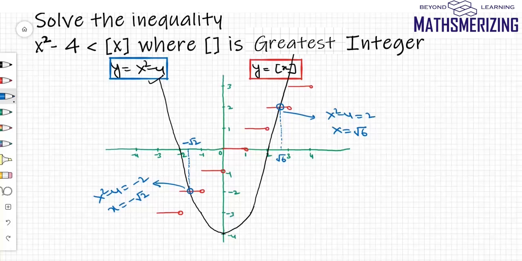Now, in order to solve this inequality, I'll need to find the region where the graph of x square minus 4 lies below the graph of greatest integer function of x. So the graph of x square minus 4 lies below the graph of greatest integer function of x in this interval. So answer to this inequality is x belongs to minus under root 2 to under root 6.